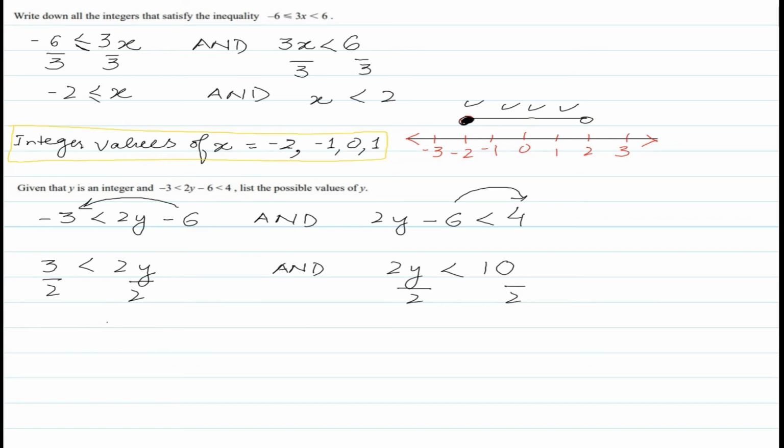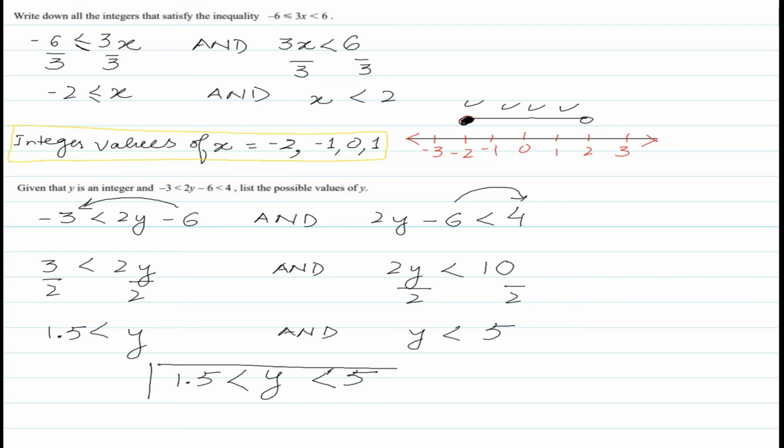So here my y will be more than 3 by 2, and 3 by 2 is 1.5, and my y will be less than 5. So if you want to combine them, you can combine them as a single compound inequality. Your y is more than 1.5 and your y is less than 5.